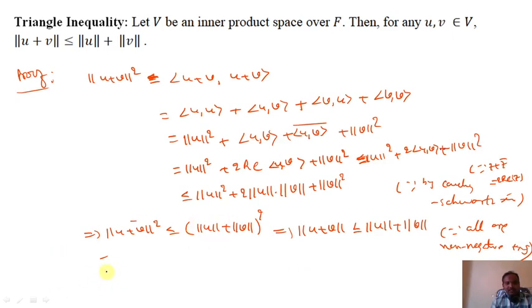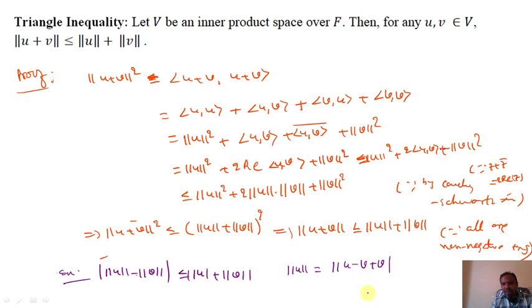Now try this one: mod of norm u minus norm v is less than or equal to norm u minus v. Try this exercise, it's simple. I give an idea. Take norm u; you can write norm of u plus u minus v plus v. By triangular inequality, this is less than or equal to norm of u minus v plus norm of v.